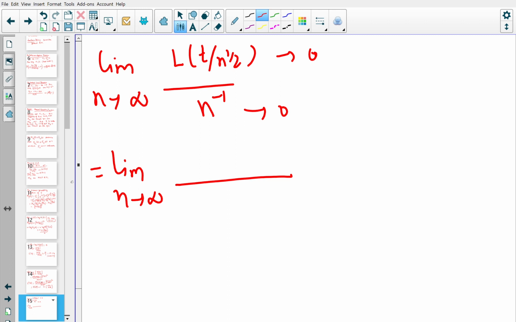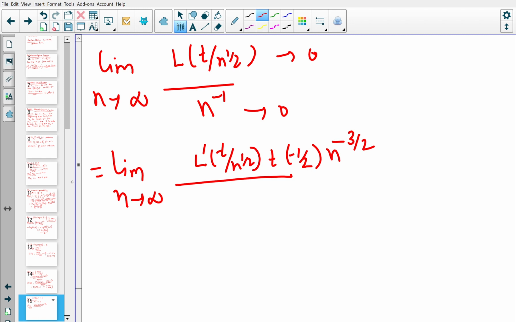First you will have L dash of t over n power half, and then you take the derivative inside, that is the derivative with respect to n, obviously. So n power half means, minus half will come out, t is a constant here, and then n power minus 3 by 2.